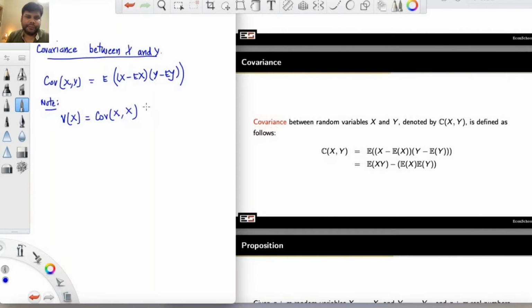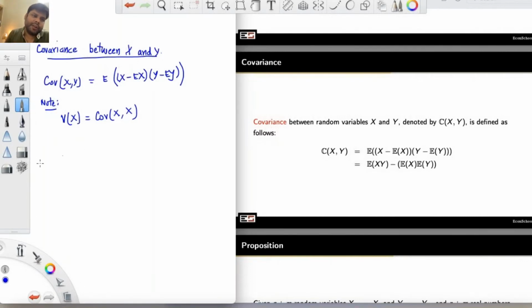So its sign tells you that. If this number is positive, then you say that X and Y have positive association. If this number is negative, then we say it has negative association. Is that okay? Let me just quickly ask you this.